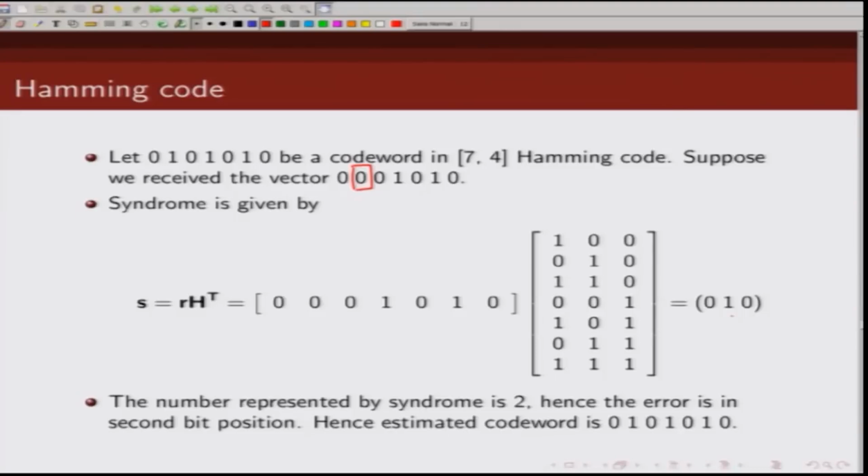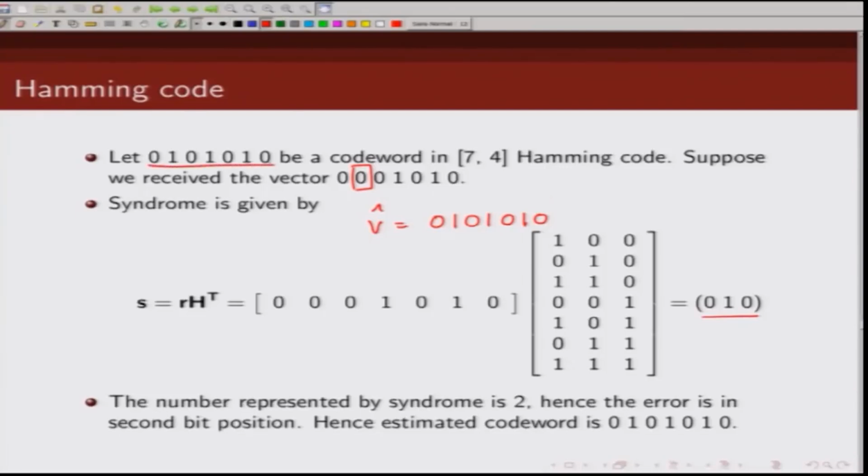So, from the syndrome, I can find out that this syndrome is nothing but the column in the second location. So, my second bit is in error, and since we are talking about a binary code, this 0 should have been 1. So, my estimated code word is then 0 1 0 1 0 1 0, and you can see that is what I had transmitted.